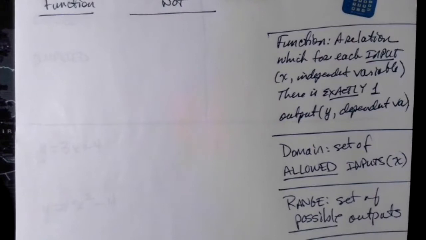Typically, we think of those labeled X and Y, whereas a function is a specific kind of relation where every input variable or X variable or independent variable, or sometimes it's not X, but any input variable is paired with exactly one output, which is the Y variable or dependent variable.